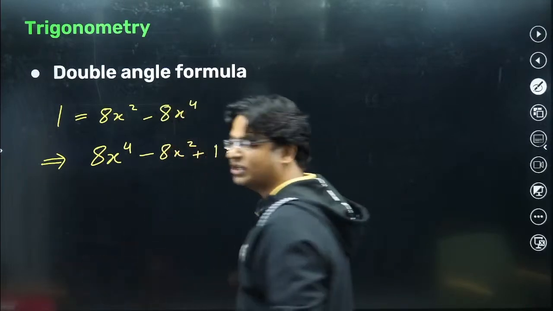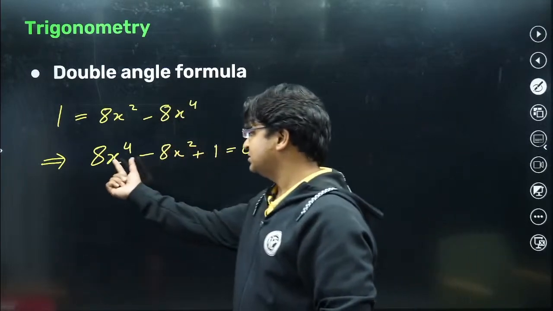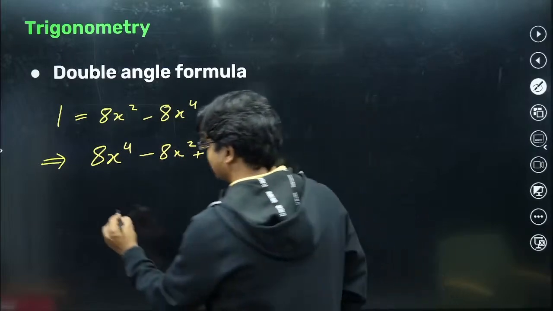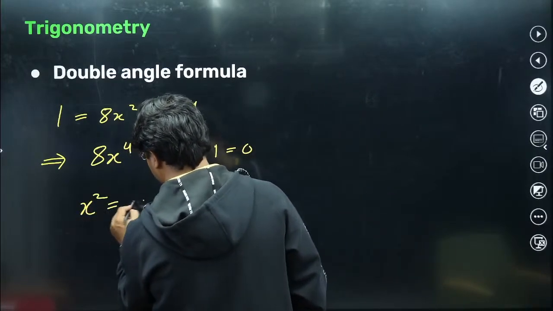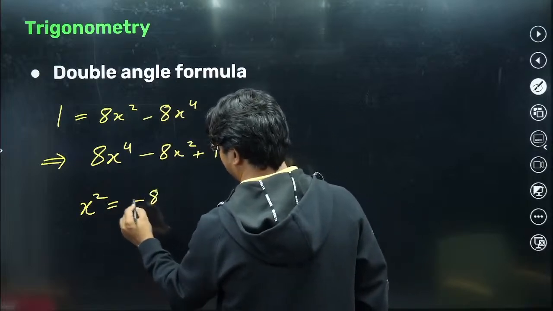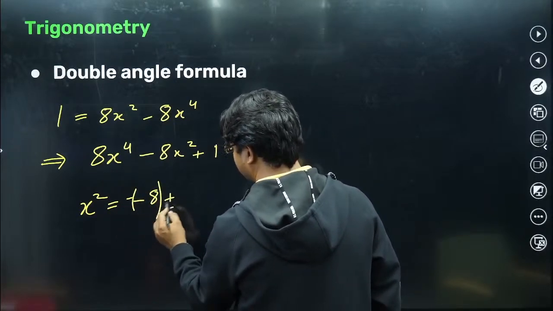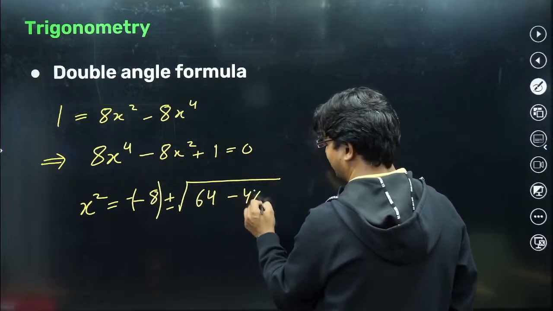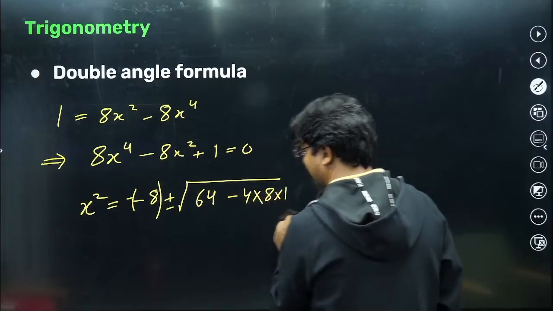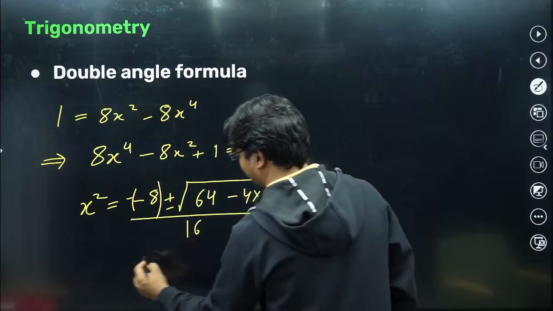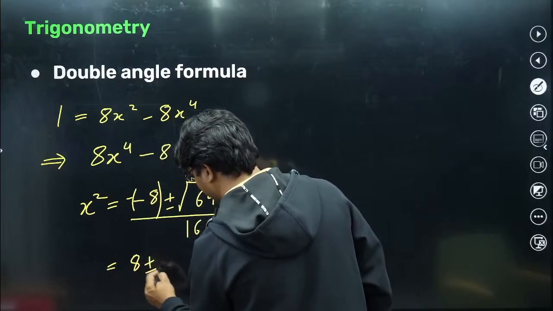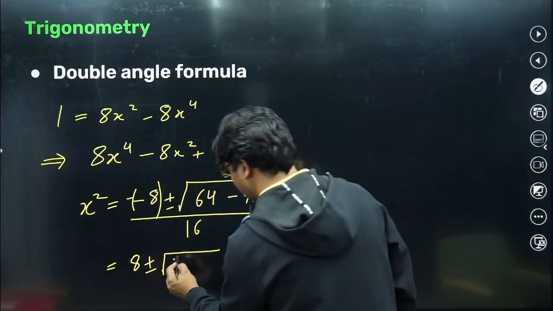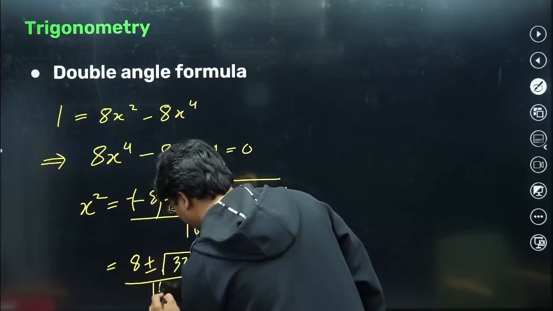Now this is a quadratic equation in x square, like this is x square square and this is x square. So x square can be written as minus b, that is minus of minus 8, plus minus root of b square, so that would be 64, minus 4 into a into c, divided by 2a. So this would become 8 plus minus root of 64 minus 32, that is 32, divided by 16.